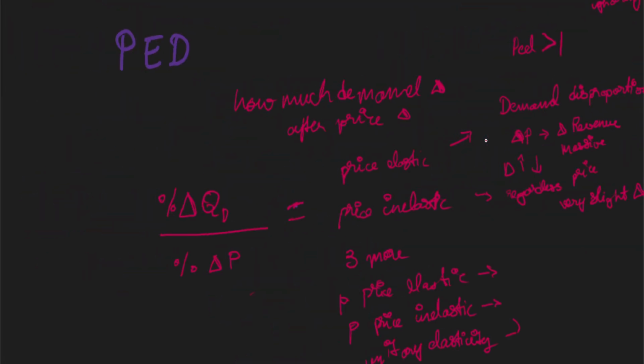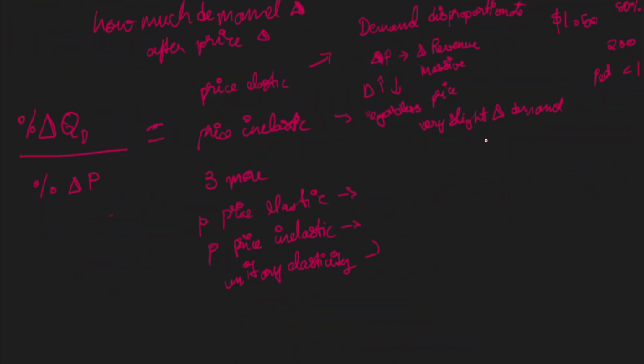So when we look at perfectly price elastic, right, that basically means that a change in price, any change in price, even a hundredth of a cent, will lead to no quantity demanded. So the value is equal to infinity, right?